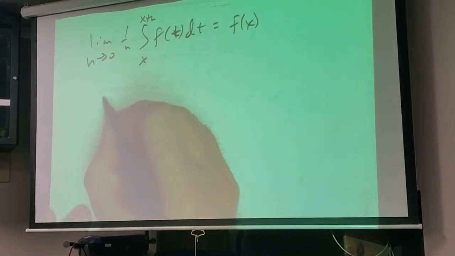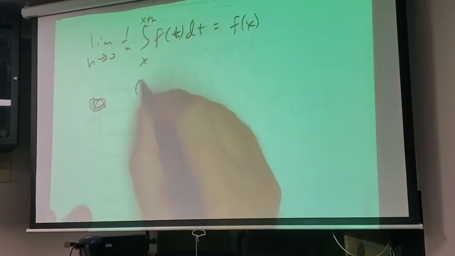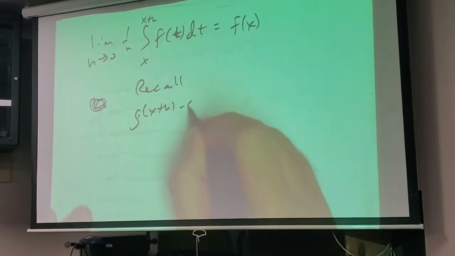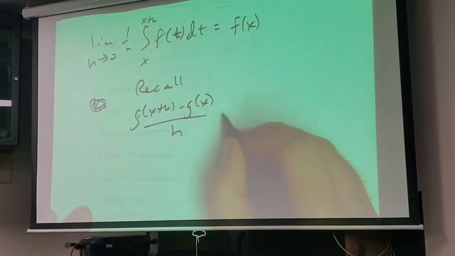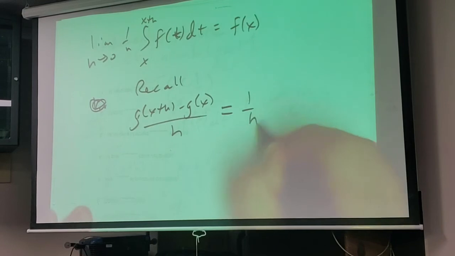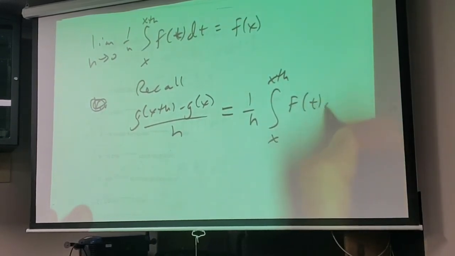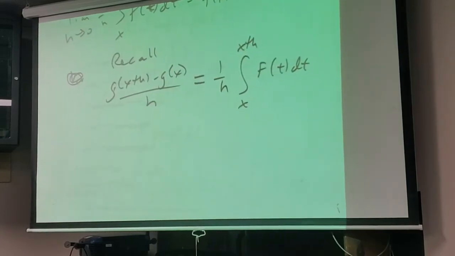So therefore, recall g of x plus h minus g of x over h is 1 over h. All right, let's see how.